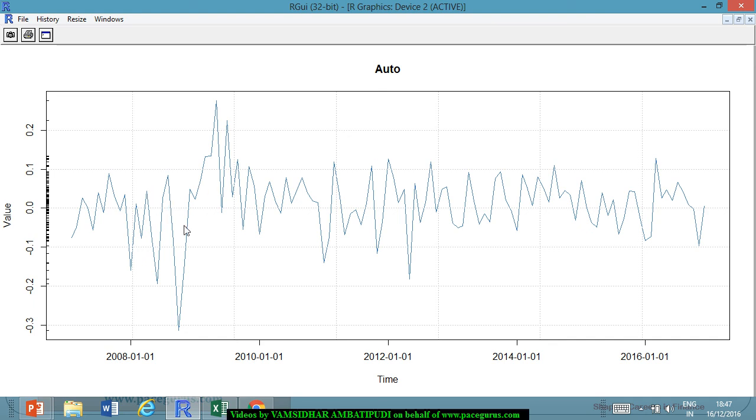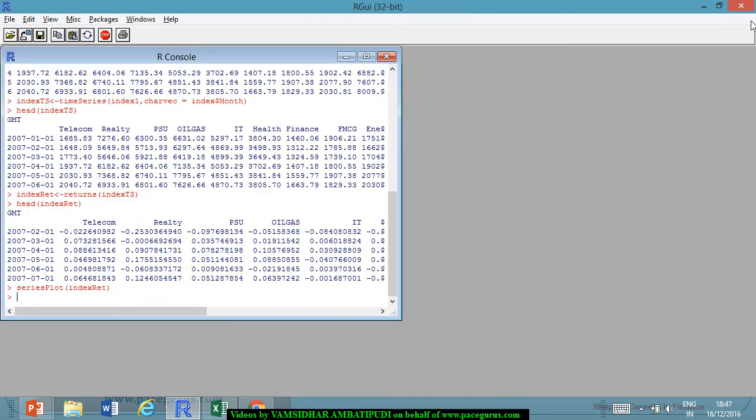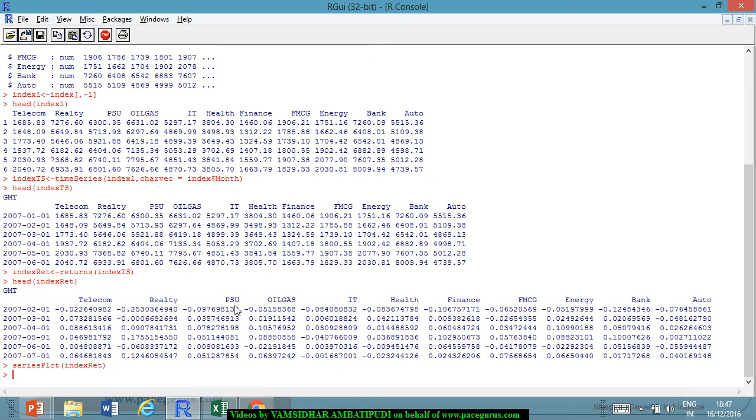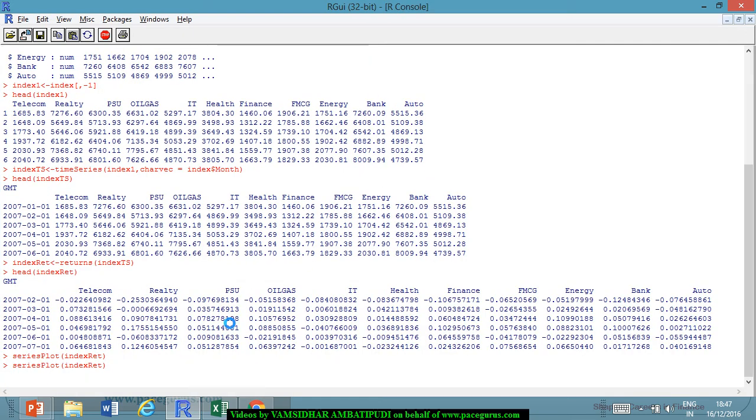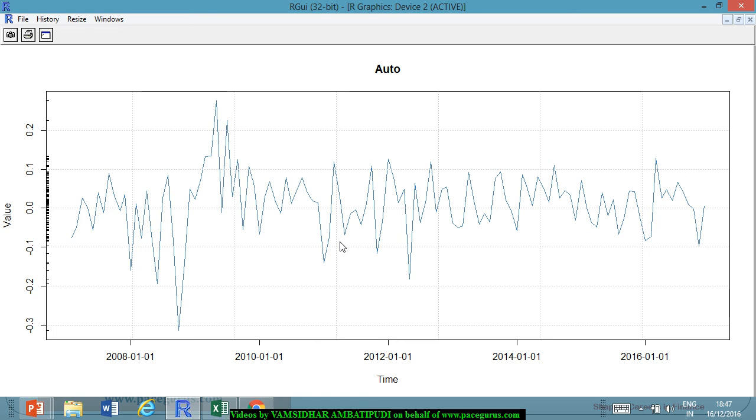This is what the series returns are. I could see some kinds of up and down. So this is what is typically coming out as a part of the monthly returns. So you see some kind of mean reversion with respect to auto. Now the same way, if I go ahead, I could see with all of them.